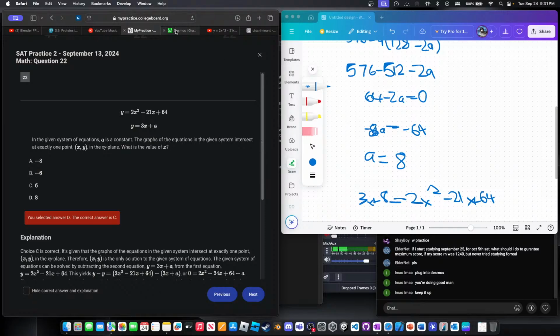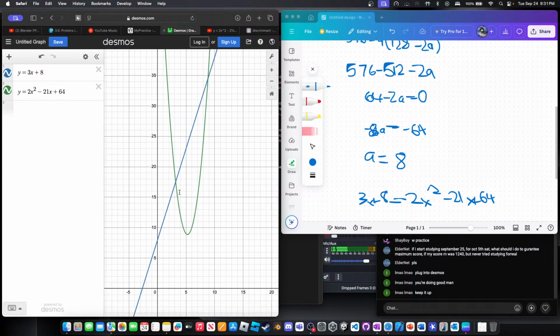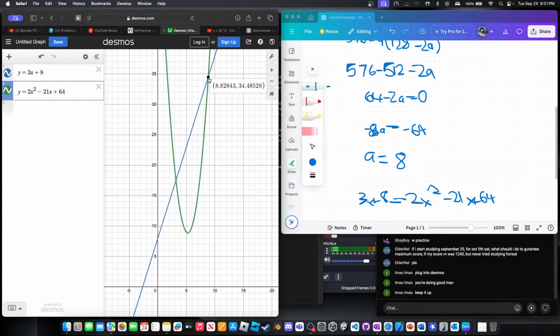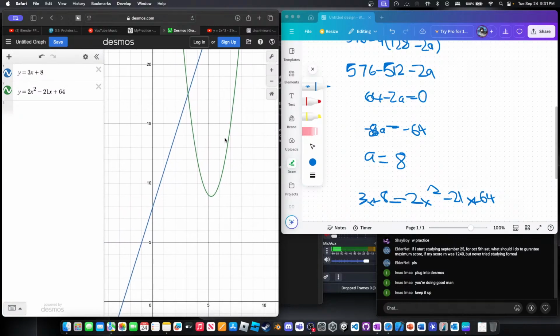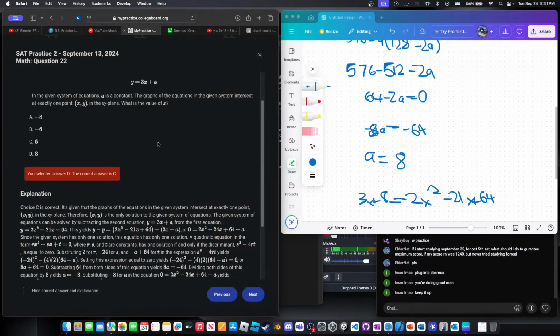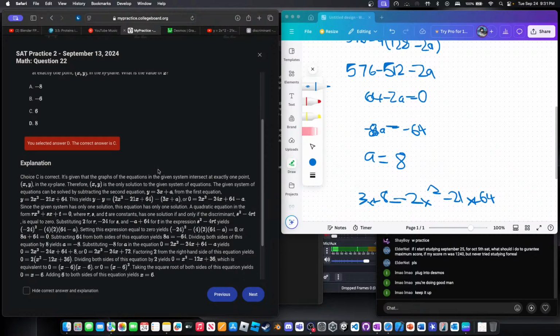Anyways, I'm trying to figure out this stupid Desmos. y is equal to. Does that make a difference? That does not make a difference. What the hell? Oh, it got -8.